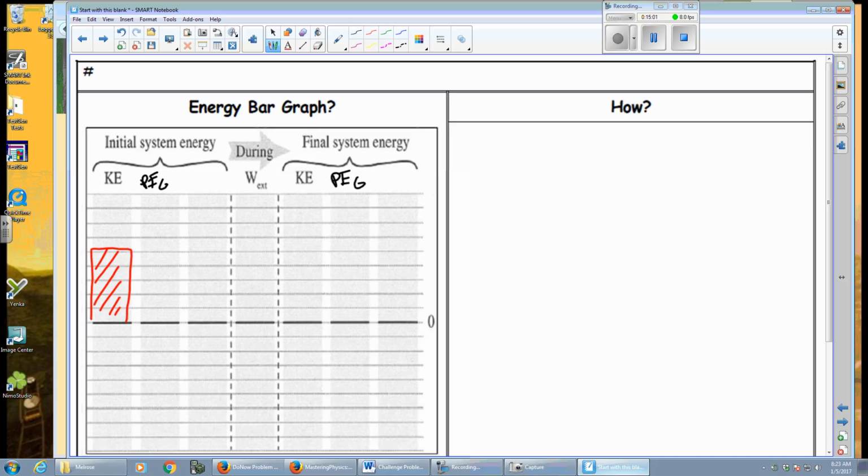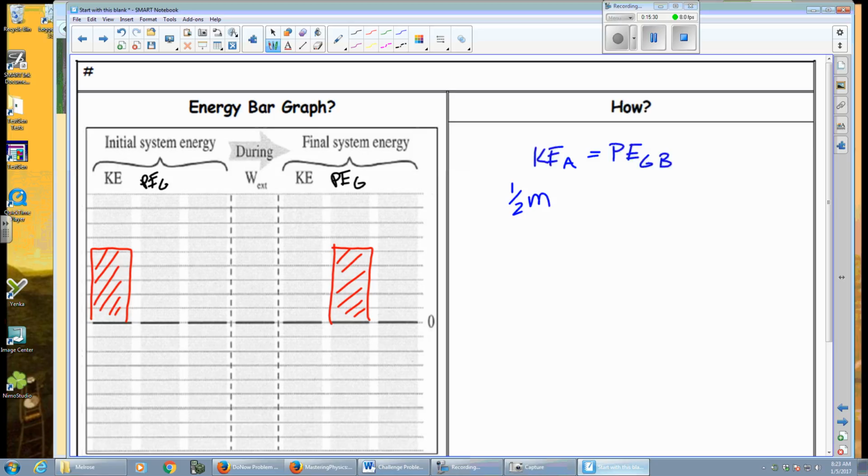At the end, no kinetic energy. So that means their PE grav would be like this. And there's our Y done. Yay. And that leads us right here. KE at point A must equal PE grav at point B.